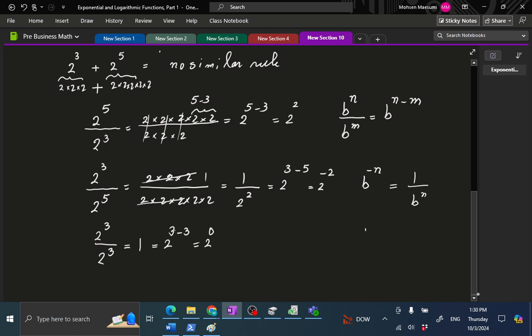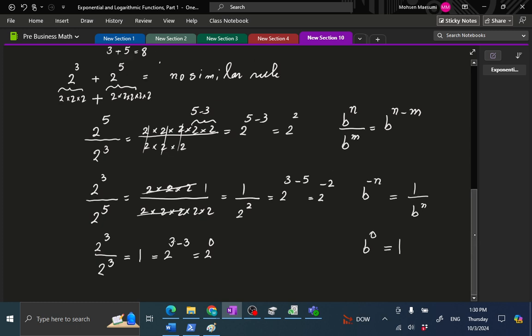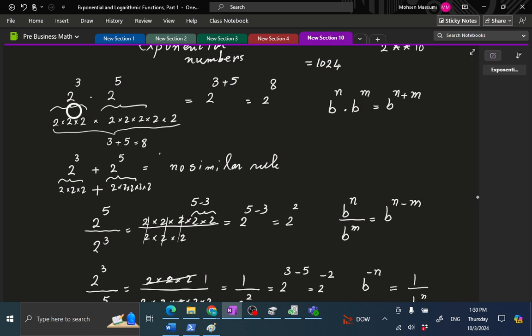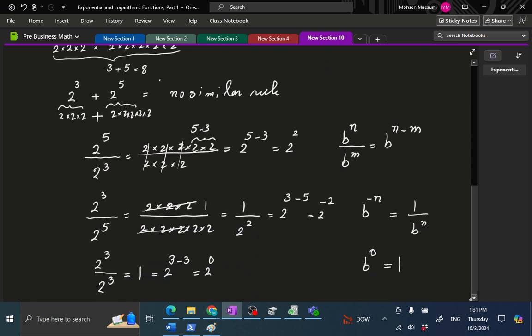So we have another rule: a base to the power of 0 is defined to be 1. Again, notice if I say 2 to the power of 0, what's the meaning of it? It just means the number of 2's that you write is 0, meaning you're not writing anything. So how is that 1? Here we justify why we do that, so that this rule applies in all cases.